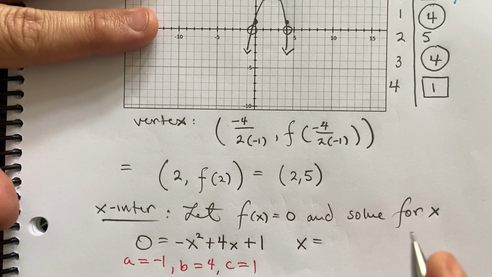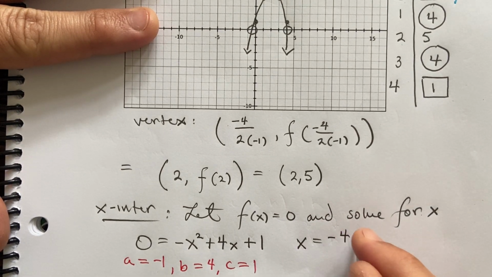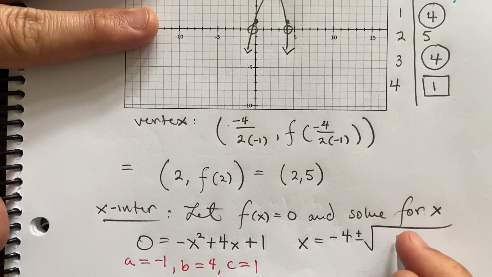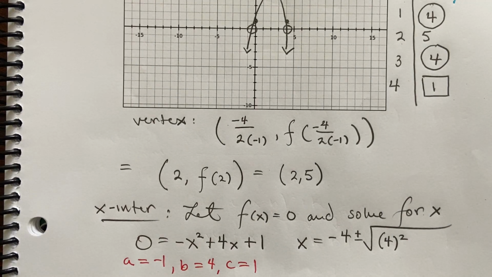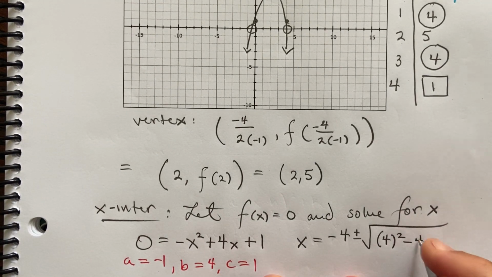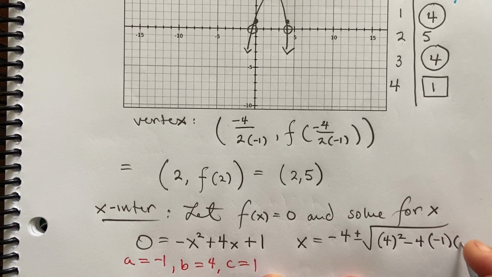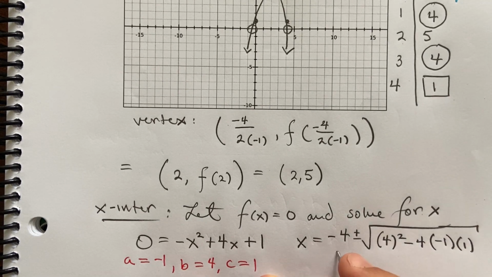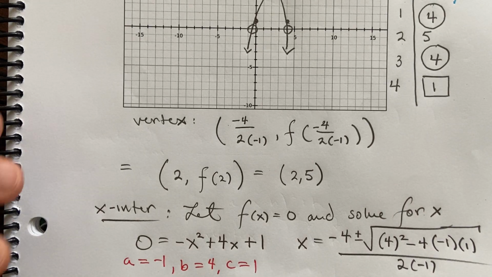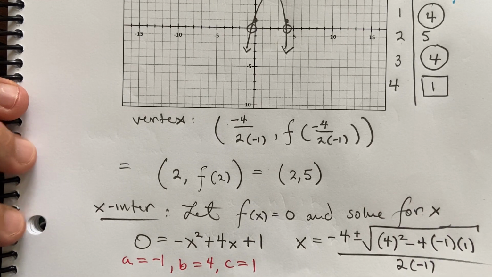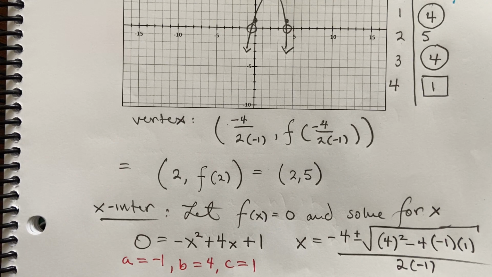So x will be equal to opposite of b, plus and minus the square root of b squared minus 4 times negative 1 times 1, all over 2 times negative 1. All right, so let's type that in.